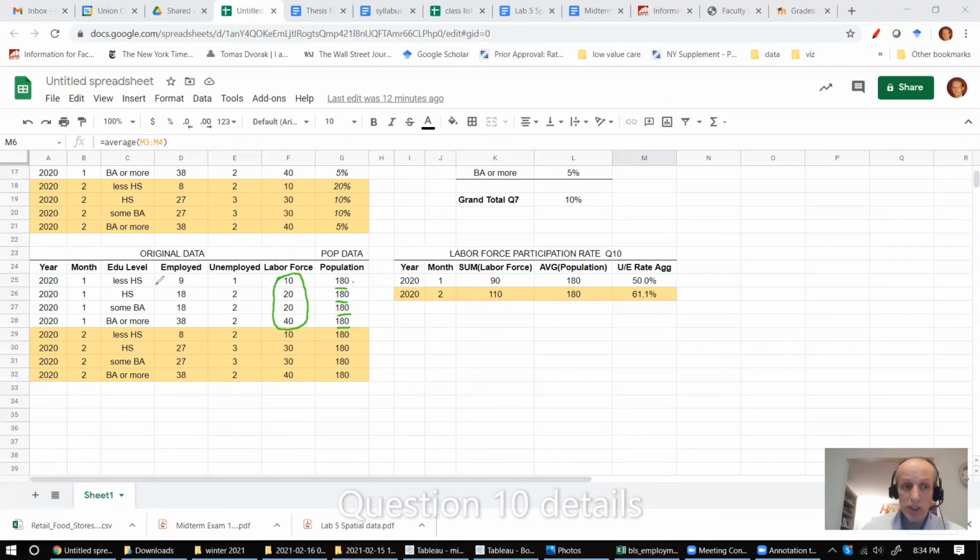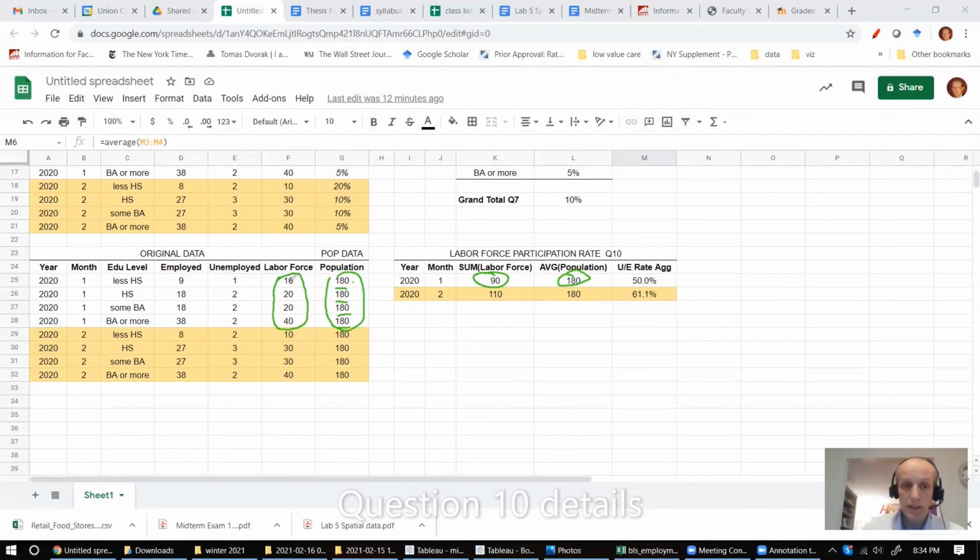I know that the population in 2020 was just 180. So I need to take the aggregate of labor force. I need to take the sum of labor force, but then I need to divide it not by the sum of population, but rather by, let's say, average of population. If I use the minimum or maximum, I would get the same thing.